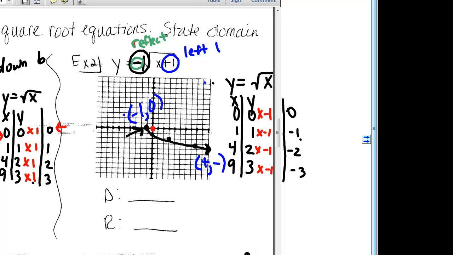Looking at my x values, I am going from -1 to positive infinity. So x is greater than or equal to -1.